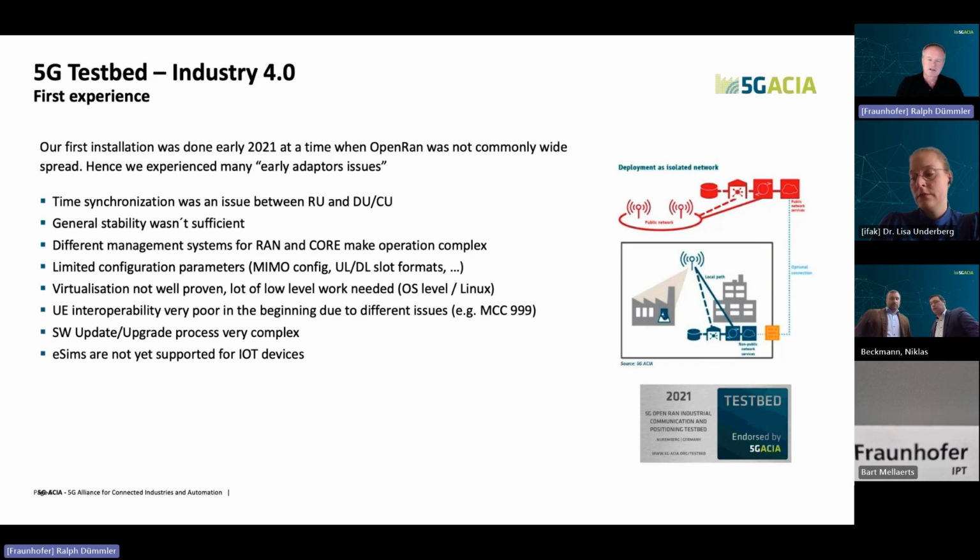The next thing back in 2021 was that configuration changes were barely possible. So you could maybe change the power, but that was it. Changing MIMO configs on the fly, or changing uplink, downlink slot formats, was simply not possible. And even today, you don't find this very commonly spread.